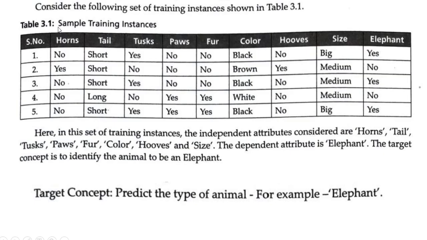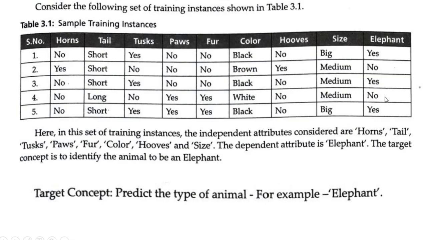So let's take a simple example. This is the table where these are the different features of an animal. So basically these are the features, and we are trying to determine from this table whether it is an elephant or not. If it has horns, no. If the tail is short, if the tusk is yes, if the paws are no, if there are no furs, if the color is black, if there are no hooves, if the size is big, then it's an elephant, yes.